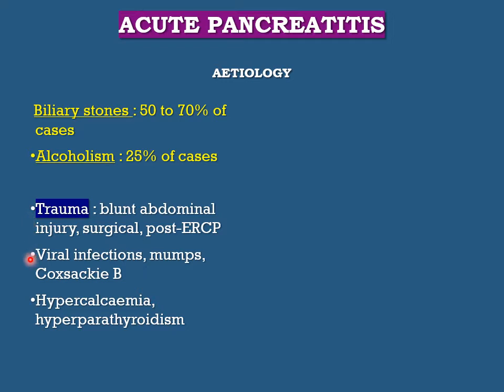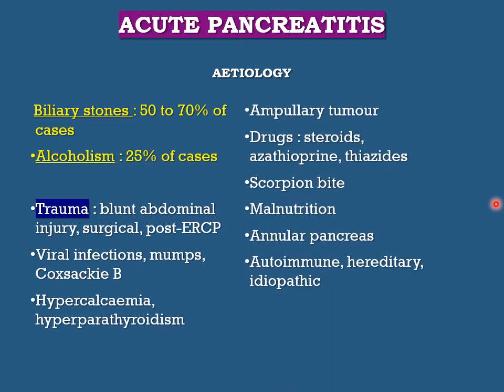Viral infections are important causes, especially in children. Mumps is a very important cause of inflammation of the pancreas leading to acute pancreatitis. So is Coxsackie B virus. Hypercalcemia and hyperparathyroidism are other important causes of acute pancreatitis.